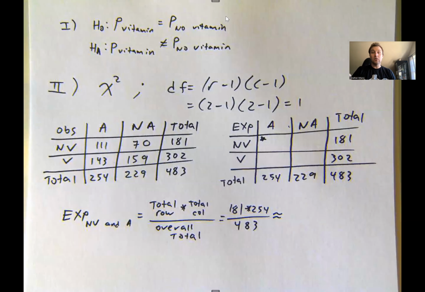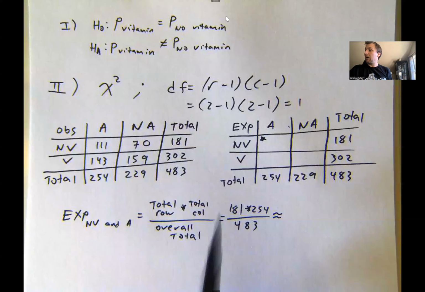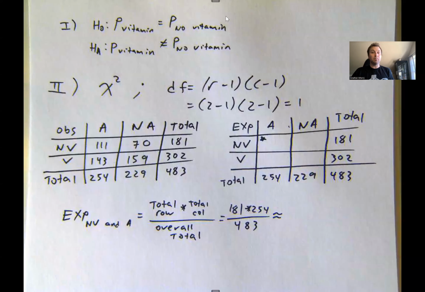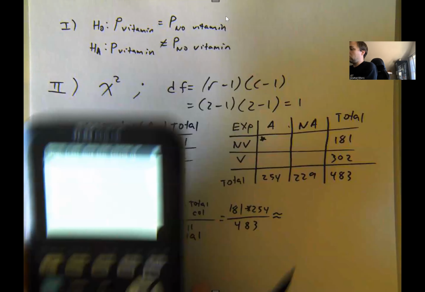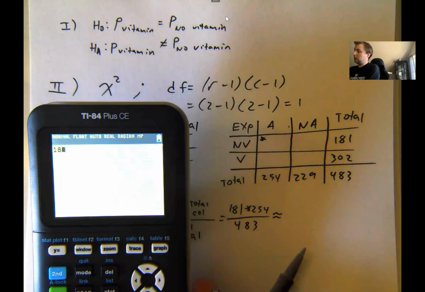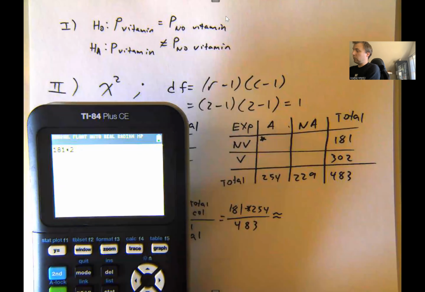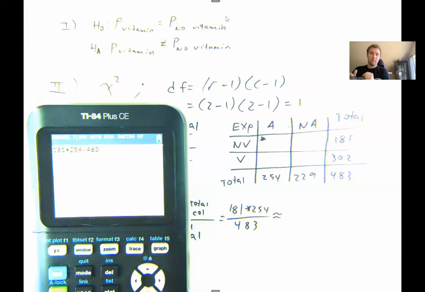Now, if there is no relationship, then my observed and my expected should be pretty close. 181 times 254 divided by 483. Turn my lamp on here, make that a little bit easier to read.